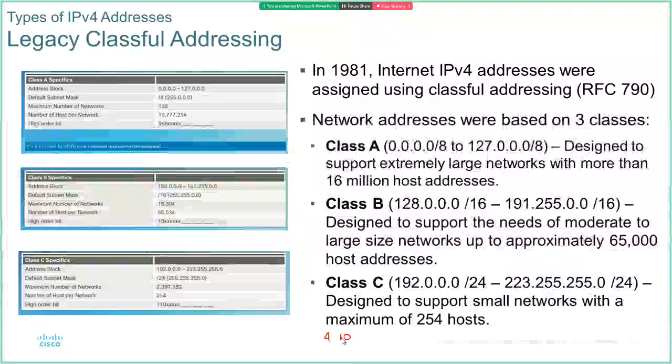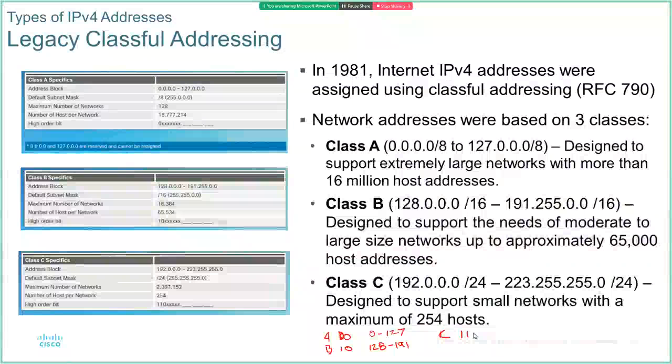If the first bit was a 0, it was Class A, between 0 and 127. For Class B, the first bits were 10, which made it 128 to 191. And then Class C was 110.